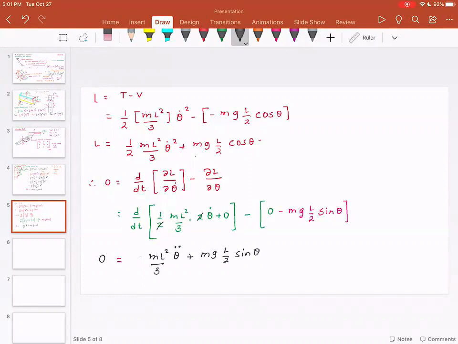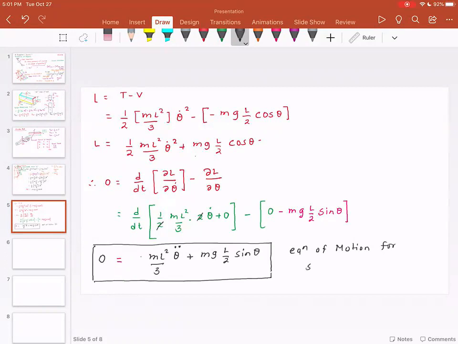And this is the differential equation of motion of the slender rod. And this equation can be solved numerically, and we will be able to get the solution of the differential equation.